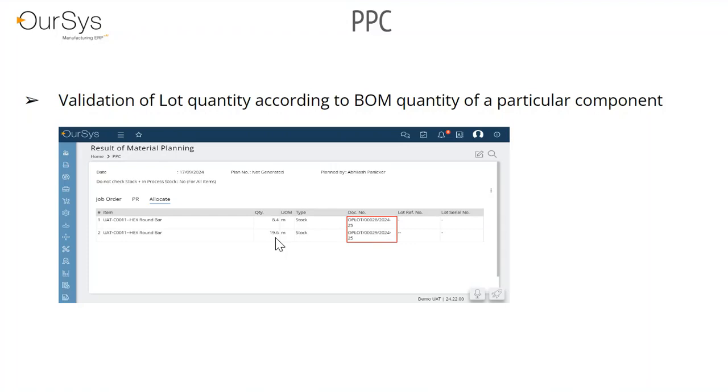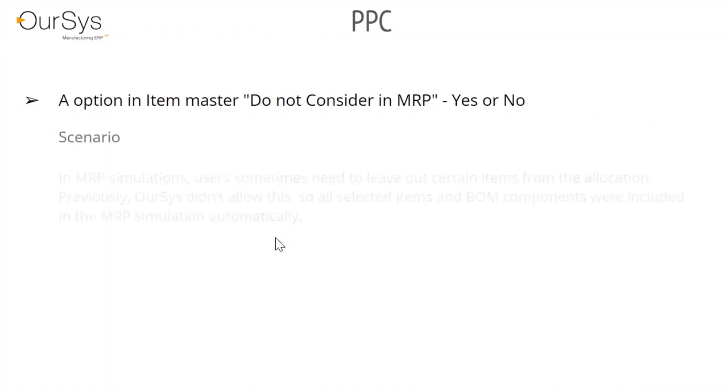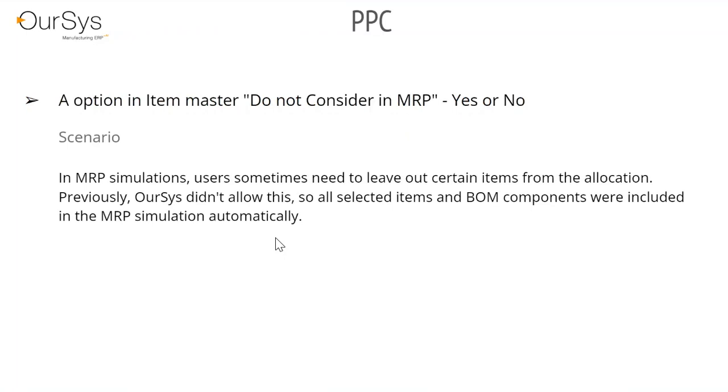Option in item master to not consider in MRP. In the past, while running a material requirement planning simulation in OurSys, all selected items and their components were directly included in the simulation, whether you wanted to include them or not.